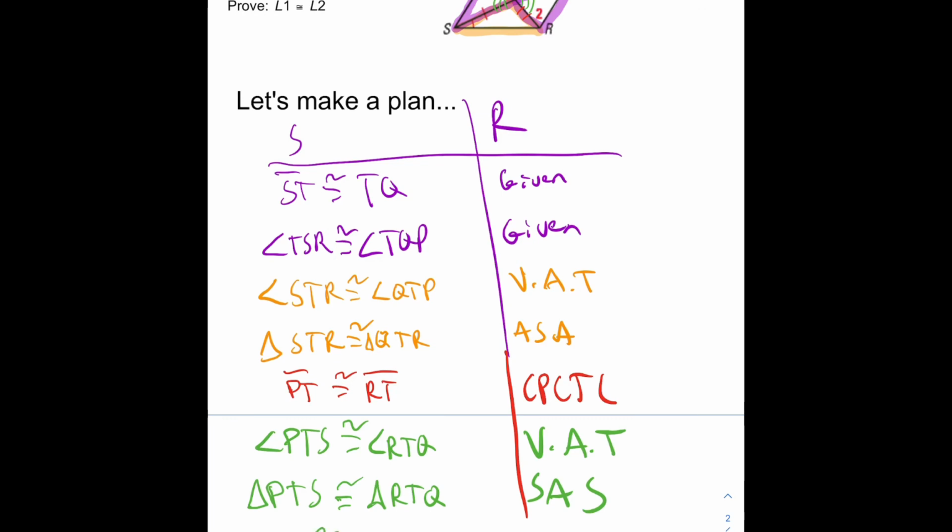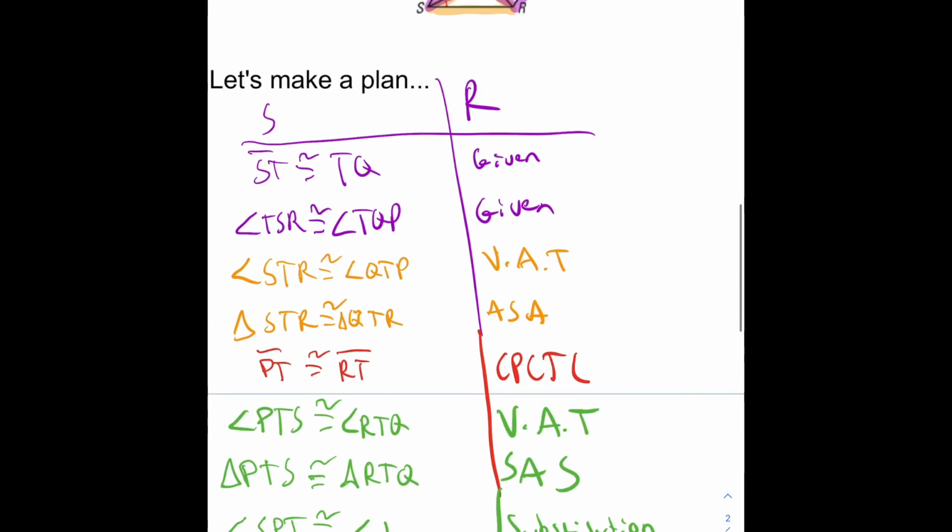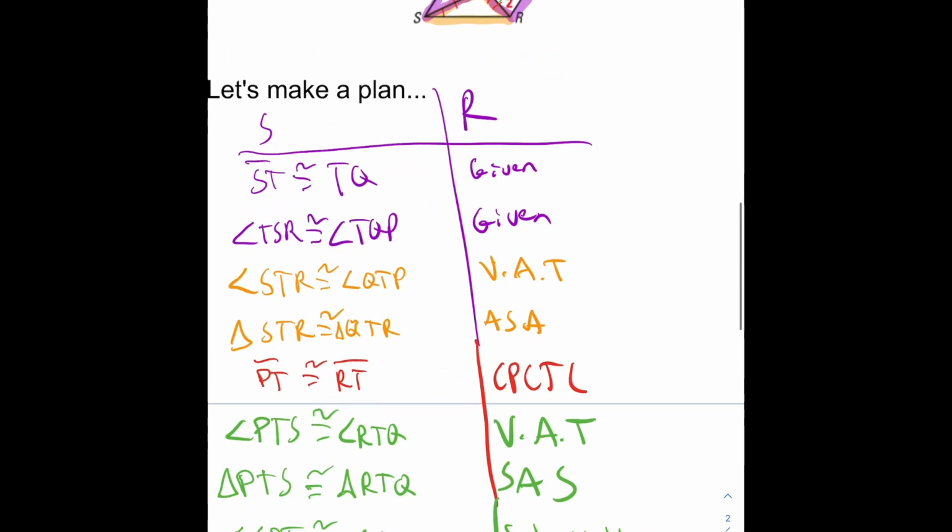Therefore, angle SPT is congruent to angle 1. That's just substitution. I'm substituting those, just saying it differently.